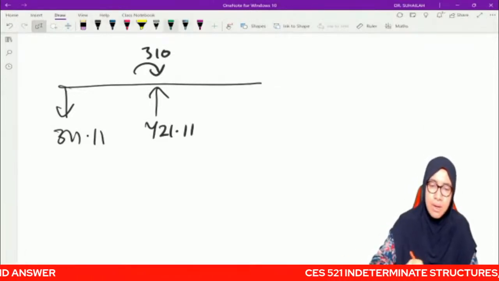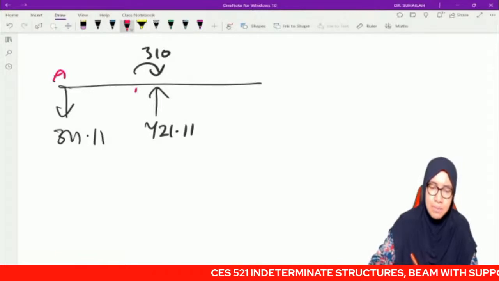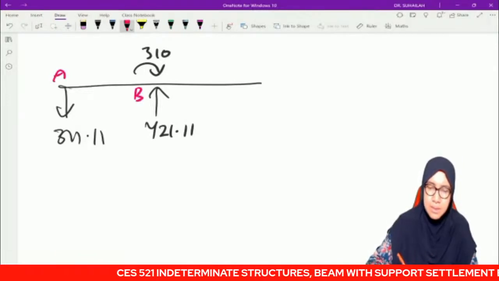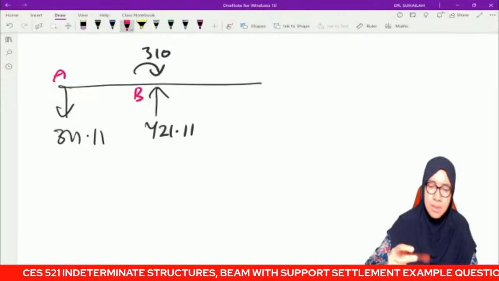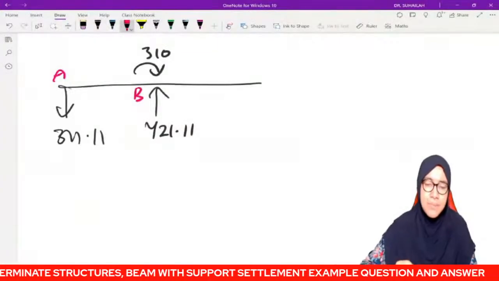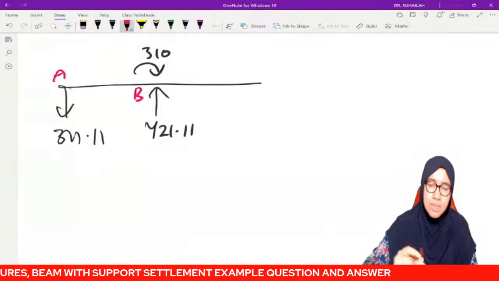So we have A, B, and we cut section at this point.